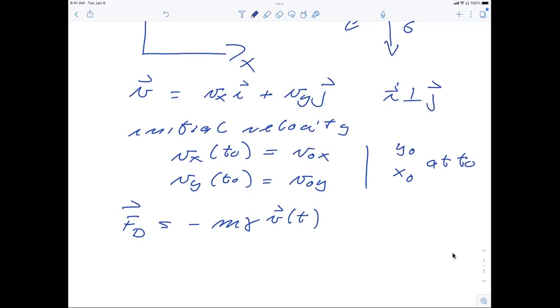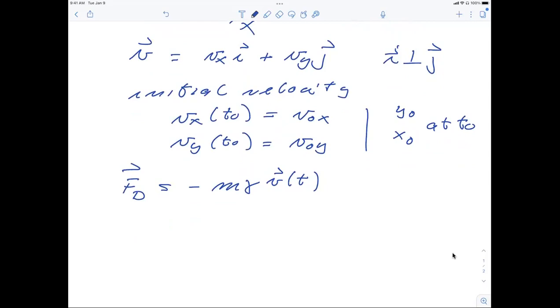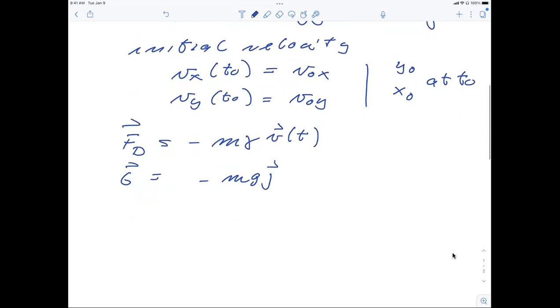So it means also that the net force, if we now define the downward direction as the negative y direction, the gravitational force is going to be given by -mg times j. And then the drag force is obviously given by -m times gamma times v_x times i plus v_y times j.